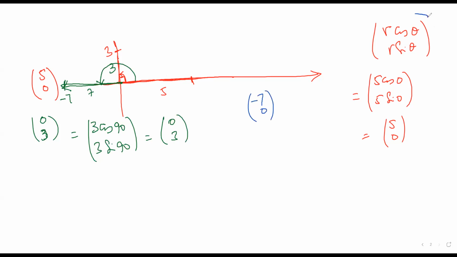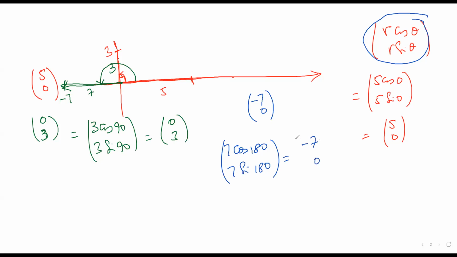Well, let's use this method to determine this. Can I write this as the magnitude is 7 and the angle is 180? 7 cos 180 and then 7 sin 180. What is cos 180? Minus 1. So this is minus 7. Sin 180 is 0. This is minus 7, 0. So you're getting the same with the working and without the working.